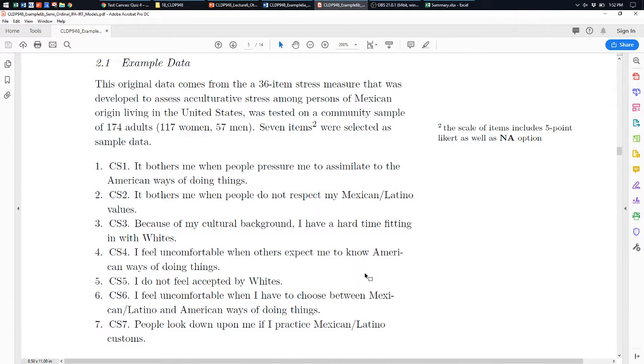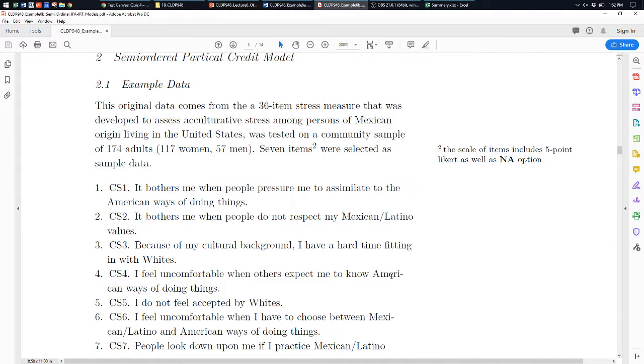semi-ordered partial credit model. So we select 7 items from a stress measure to fit the semi-partial credit model.